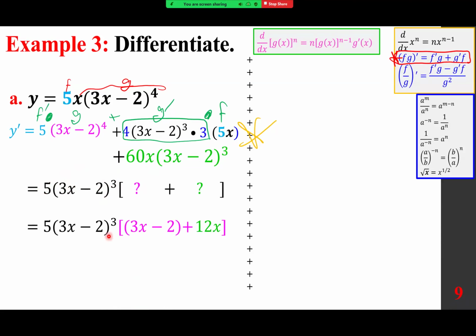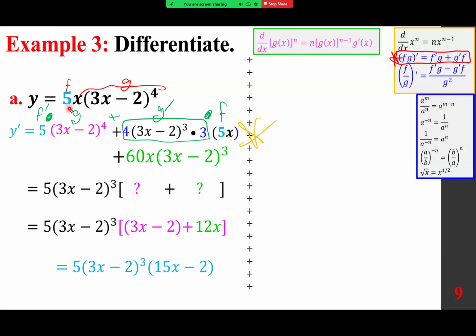This is fine. This is fine. In the brackets, we combine the 3x and 12x into 15x. We get 5 times (3x minus 2) cubed, as we have it here, times the brackets, which changes to 15x minus 2. We are done.